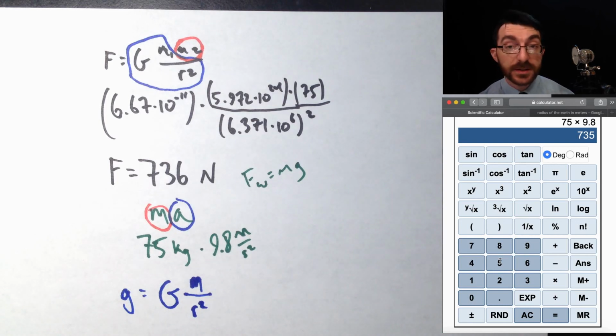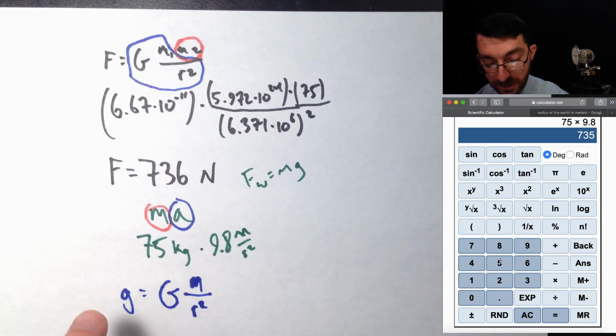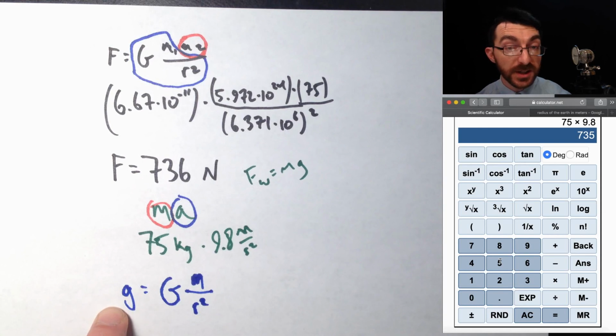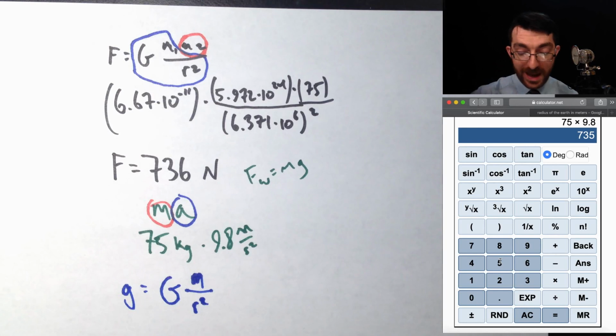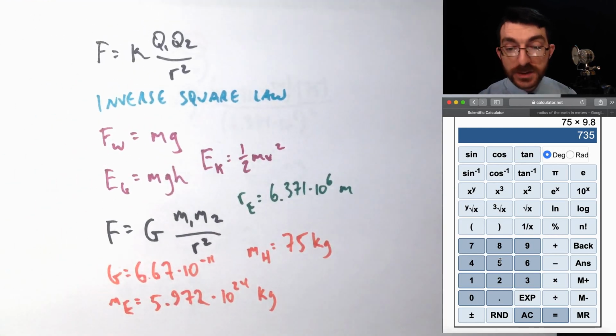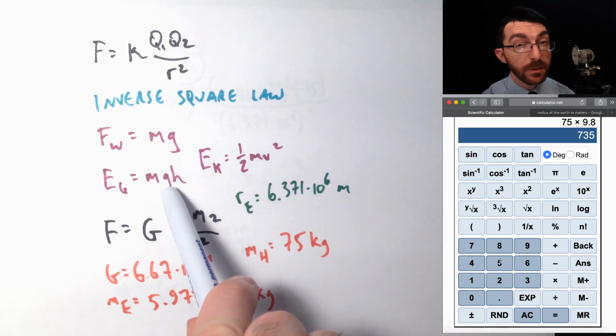But what's interesting is that also means that we can use that expression, big G m over r squared, in an equation where a little g was required. Now, back on the first page, we had a couple equations that had a g in it. For example, this one, which we just used, but also that one.